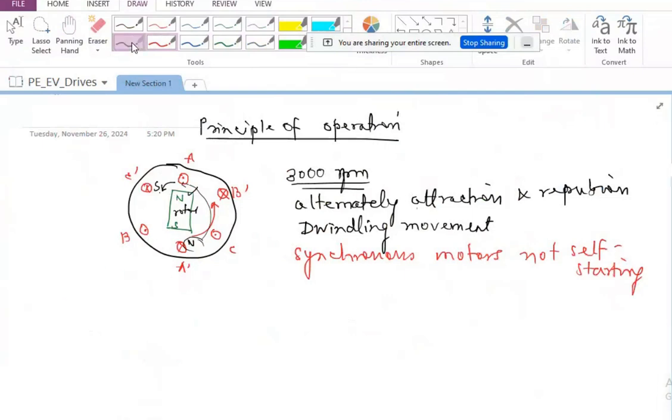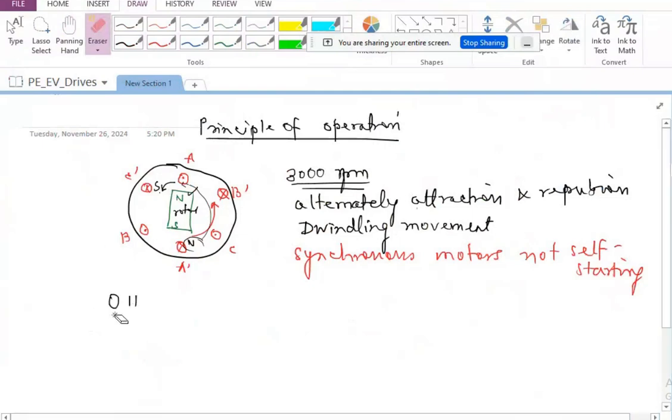If at all you want to make them start properly, you might have to start with 0.5 hertz or 0.25 hertz or something. A small supply frequency you will give, which means it is going to rotate at 15 RPM or 10 RPM. So hopefully the rotor will be able to catch up with this. Then after that, you slowly increase it to 0.5 hertz.